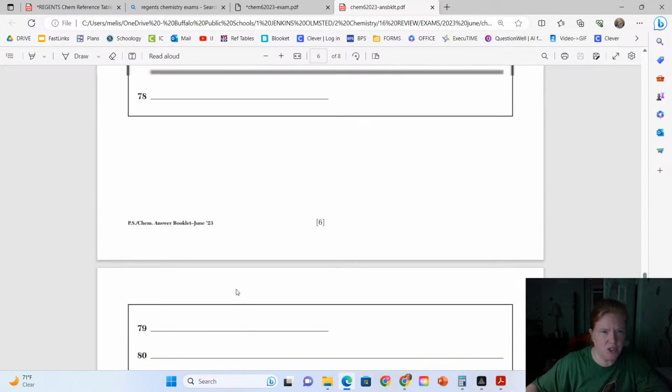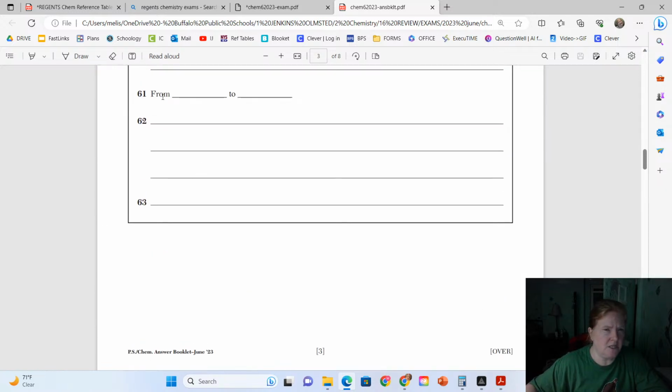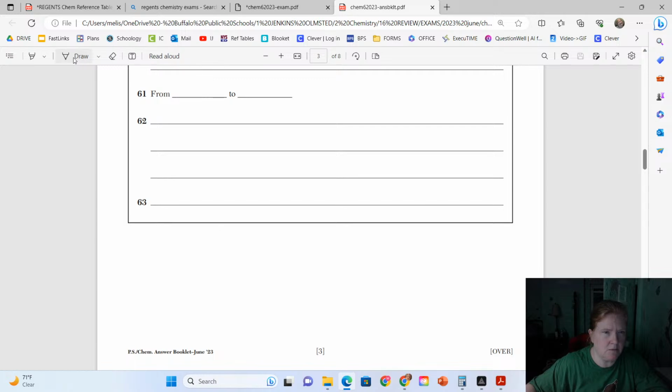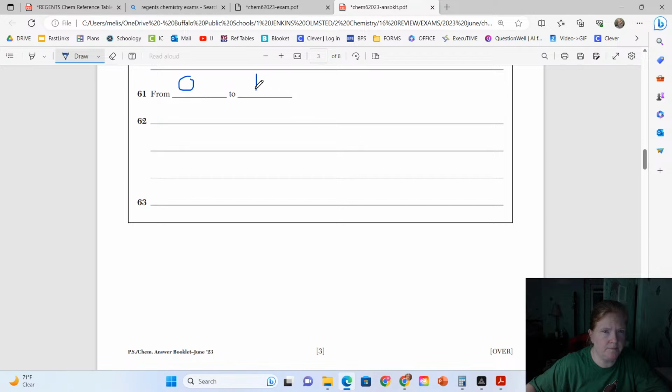So when we look at the answer booklet for this question, it looks like this, from blank to blank. So copper started as what? 0. What did it end as? +2. So that's your answer for 61.